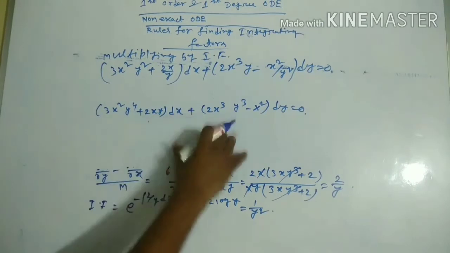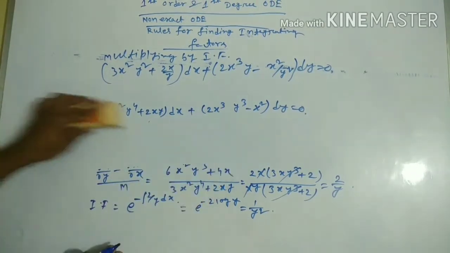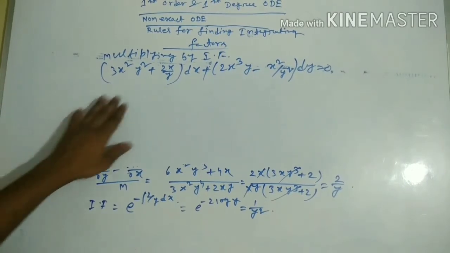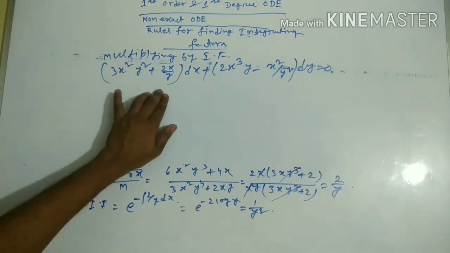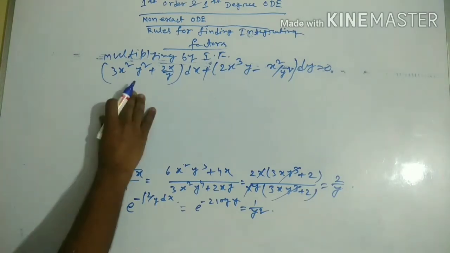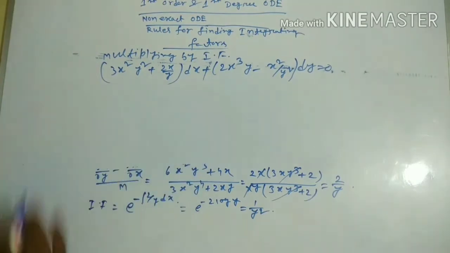Now this was the given problem. This was non-exact. After multiplying, the non-exact equation becomes this equation, and this is an exact equation since it has been multiplied by the integrating factor. So this is M and this is N, and it is exact.